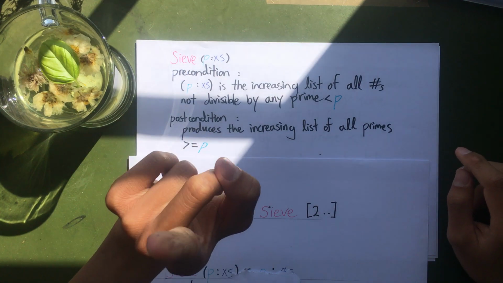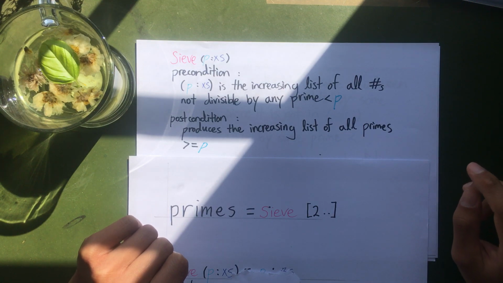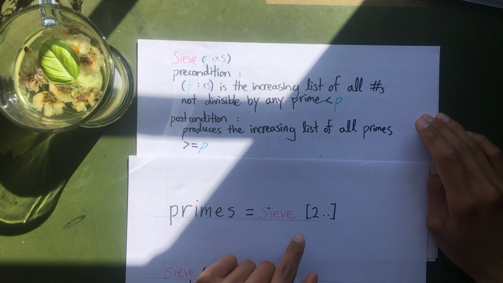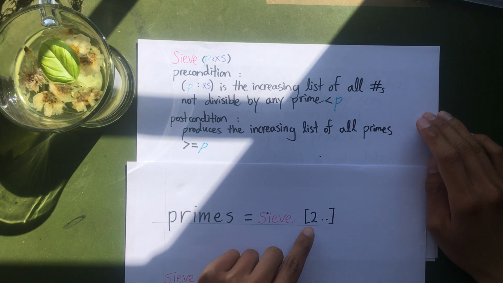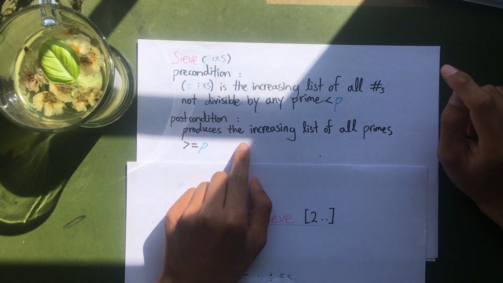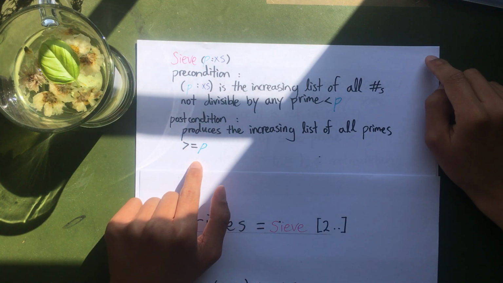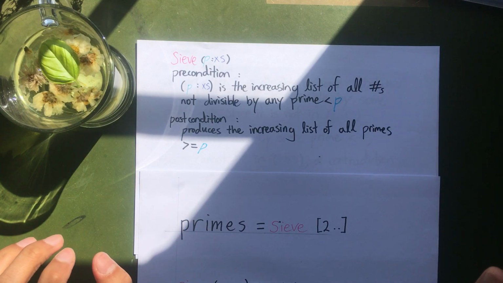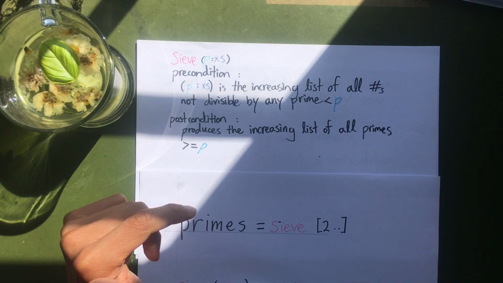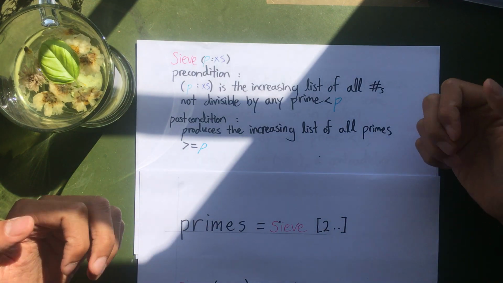But then we also leave out 1, because 1 is not divisible by any prime. So actually this satisfies the precondition such that the sieve of this list should produce the increasing list of all primes greater or equal to 2, which is the increasing list of all primes. Okay, so cool. If we show sieve satisfies these two, then primes should do the correct thing.